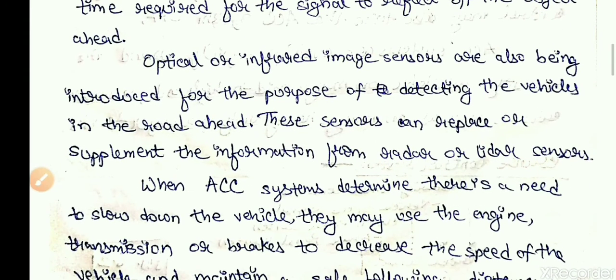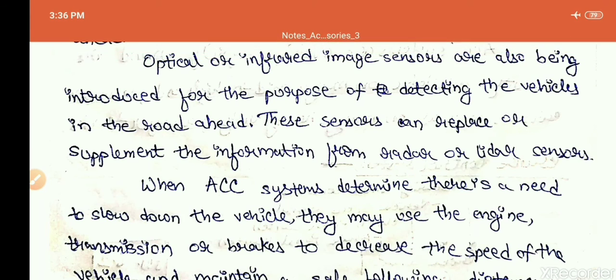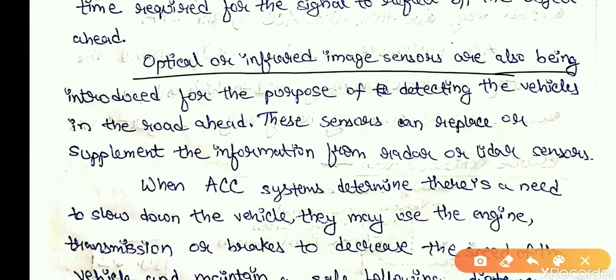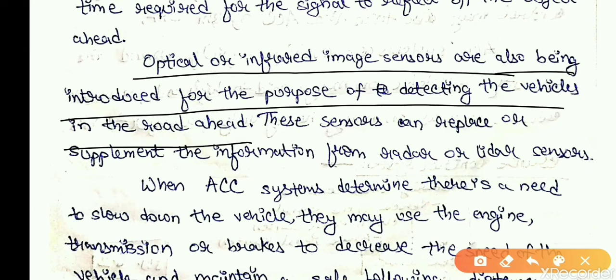Now see what happens. Optical or infrared image sensors are also used. Optical and infrared image sensors have been introduced for detecting vehicles on the road ahead. This gives the visual effect of the vehicle in front of you.